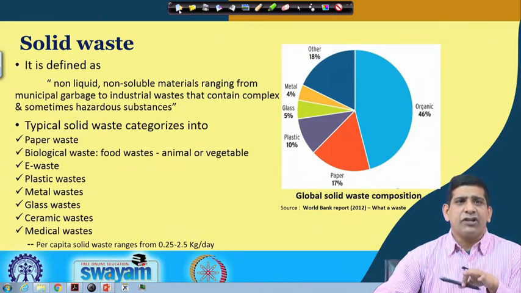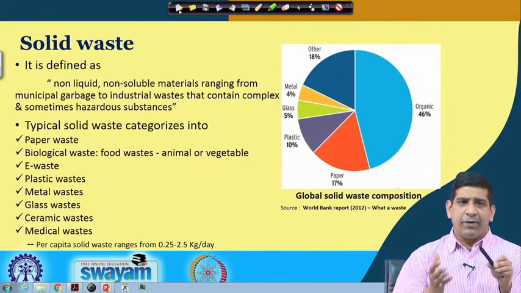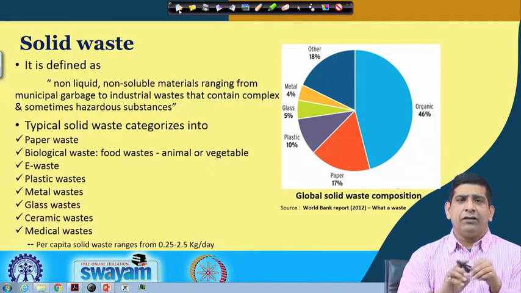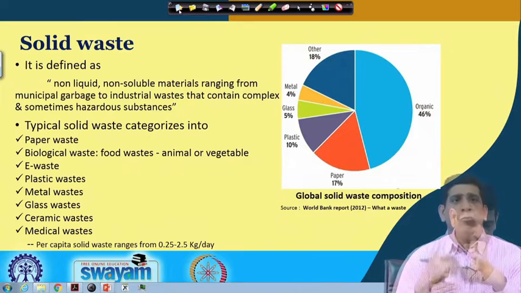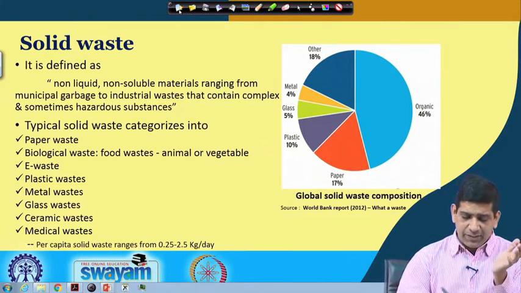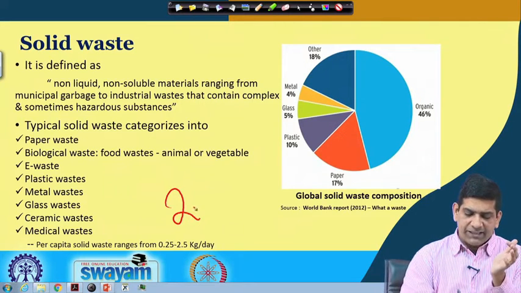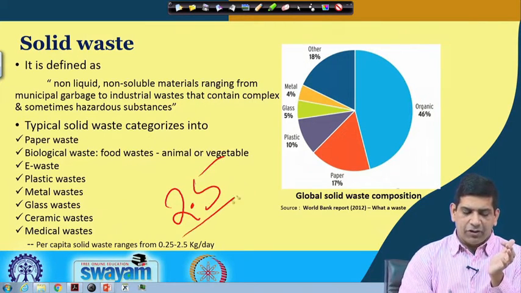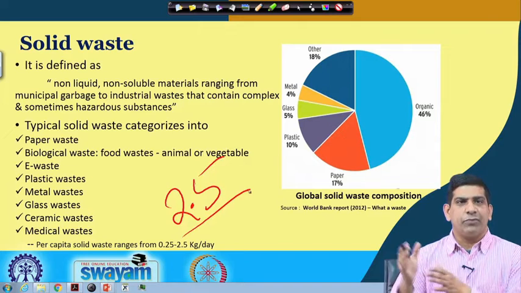So waste production is much less, not much mall culture. When you go to Spencer or Big Bazaar, you get a lot of packaging material. As you go into urban areas, there is a lot of packaging, and that's why you see more and more waste being produced, and the number keeps going up to a maximum of around 2.5 kg per person per day.